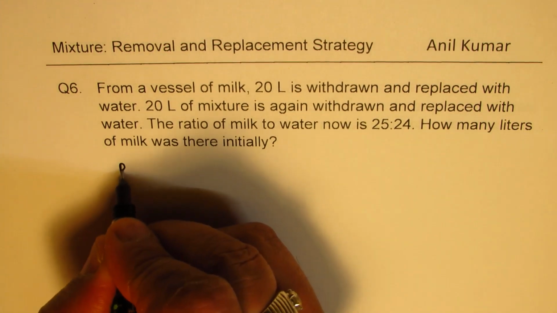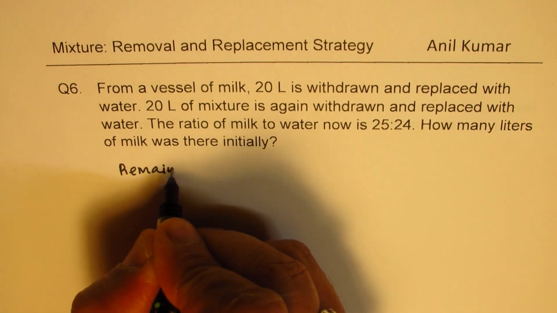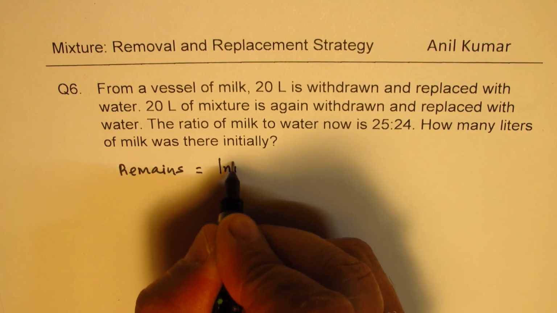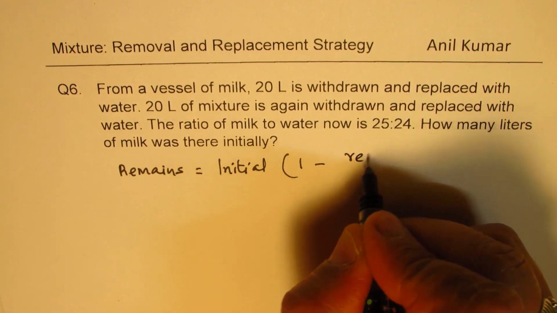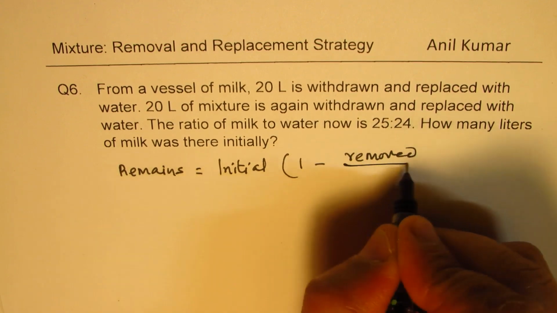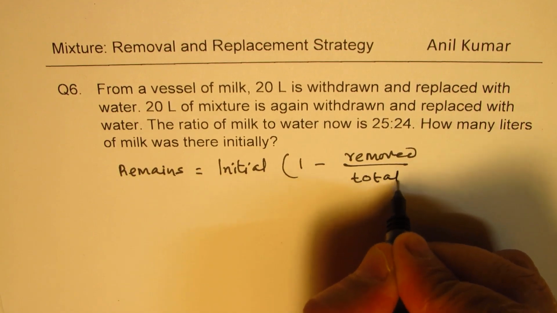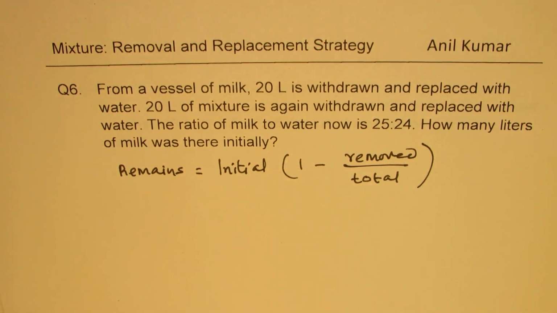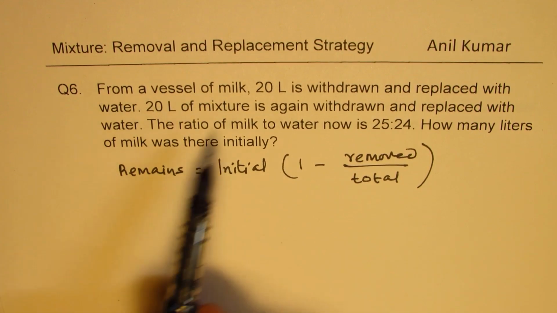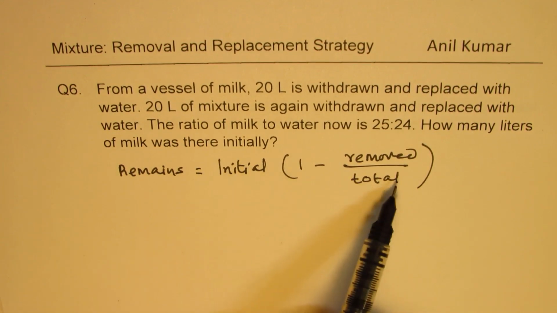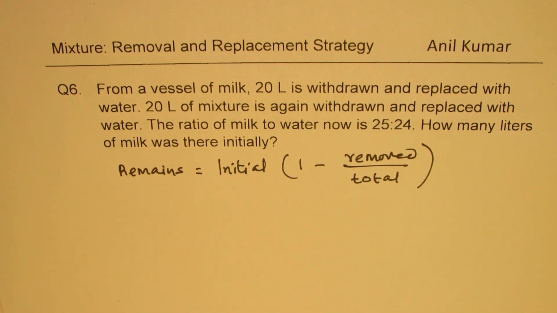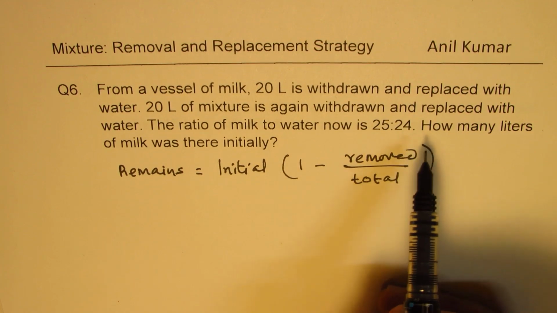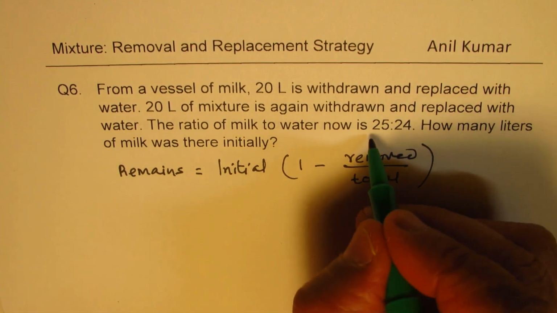So we don't know the initial amount. So again we will say remains is equal to initial times 1 minus removed over total, right? So from a vessel of milk, pure milk, so this total and initial is the same amount. Do you get the idea, right? So this initial and that total is the same amount. Now another thing is, we are talking about ratio.